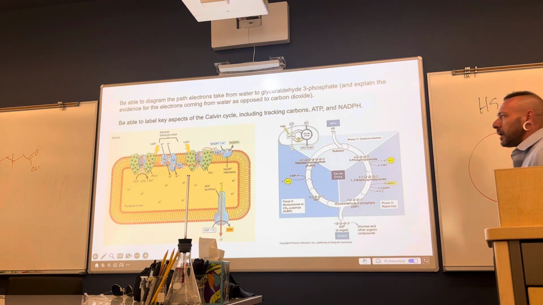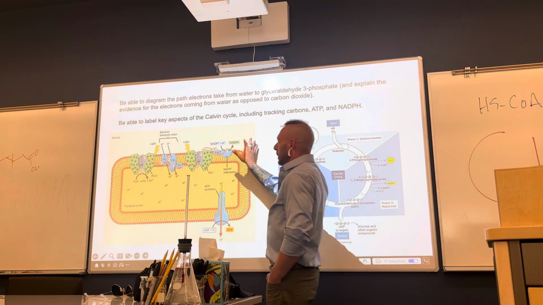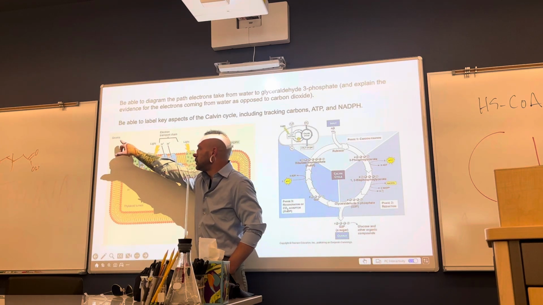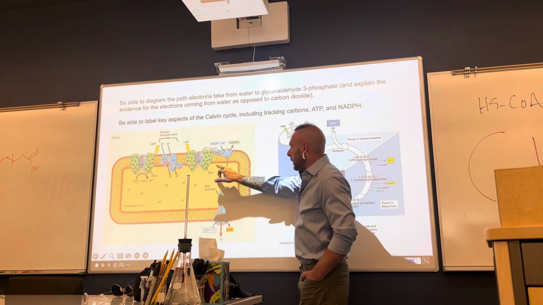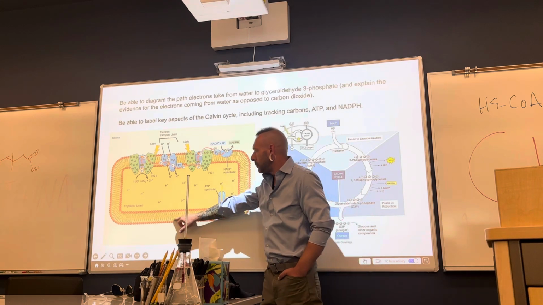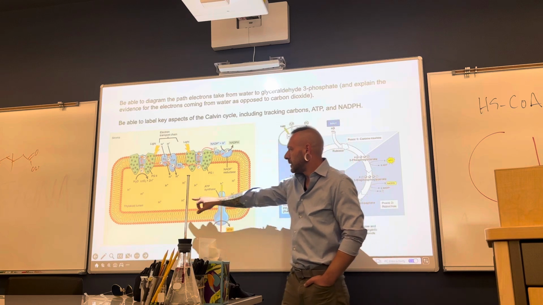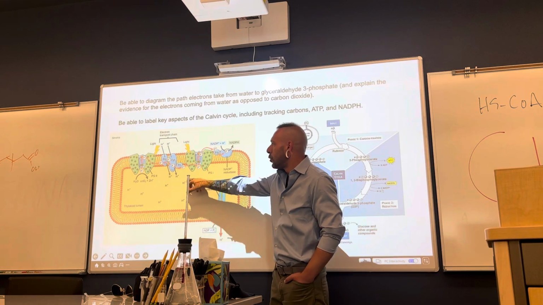All right, that's what we're looking at. Up here we have the fluid-filled interior of the chloroplast, which is called stroma. Here we have the single membrane of the thylakoid. This is the thylakoid lumen, or the inside of the thylakoid.